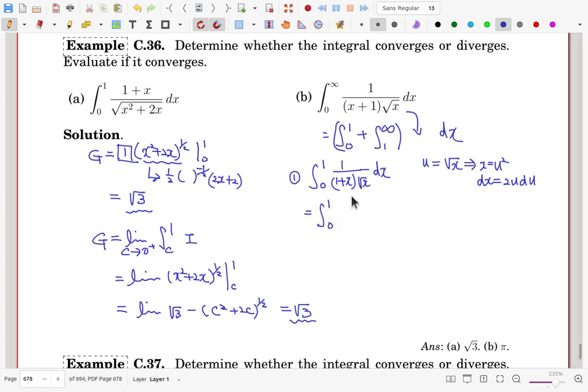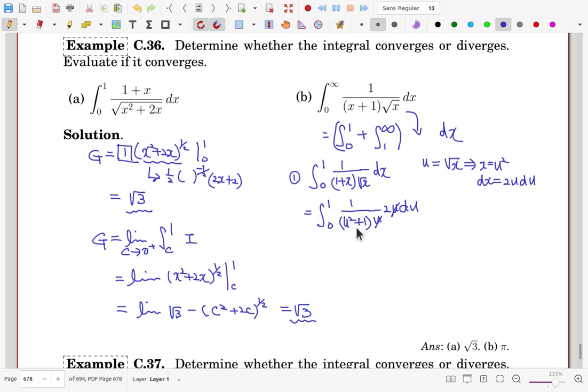Now 1 over (1 plus x), with x being u squared, is 1 over (u squared plus 1), and the square root of x is u, and dx is 2u du. So this u will be cancelled out, and the 2 can go out.